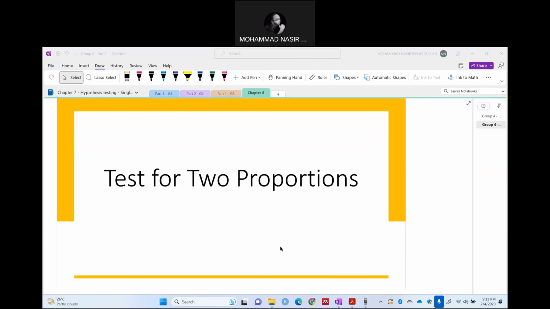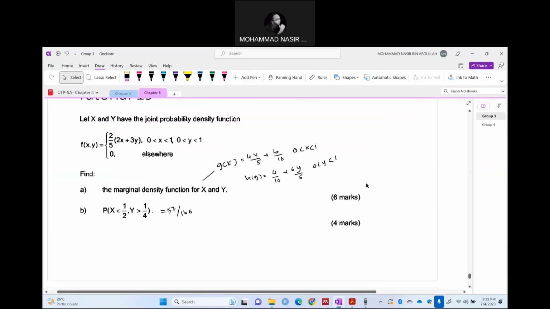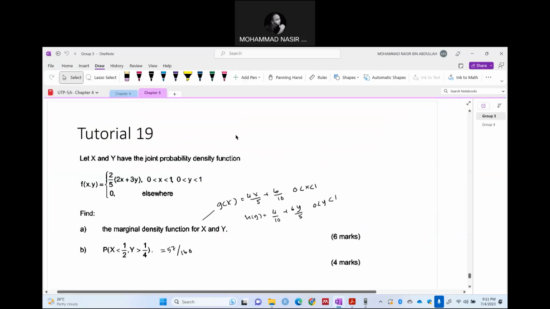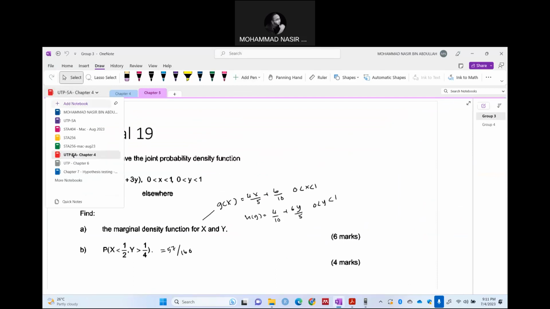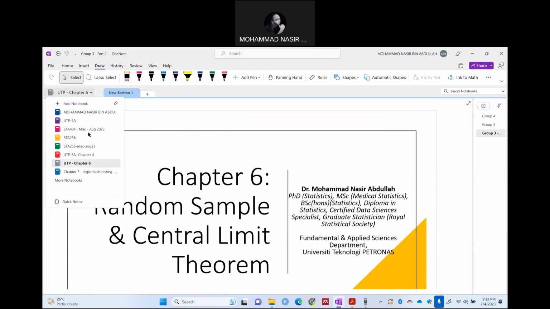Chapter number 5 is joint probability distribution. Chapter number 6 is random sample and central limit theorem.